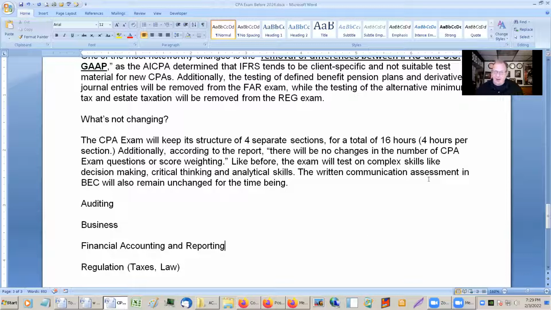When I was going through, a whole quarter of the exam was on law, but now it's not. This is called FAR.